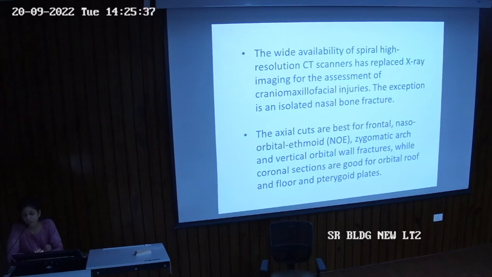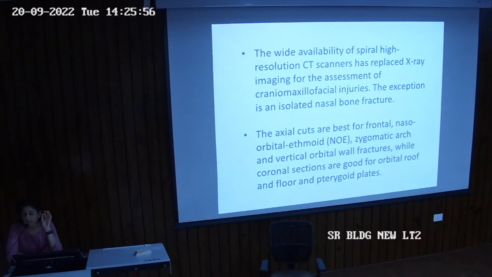What is OPG? OPG is orthopantomogram, which usually your dentists do when they need to see your last molars. So OPG has a very refined version for general facial fractures of ENT, where we have a complete mandible X-ray in a 3D view. That is known as orthopantomogram.